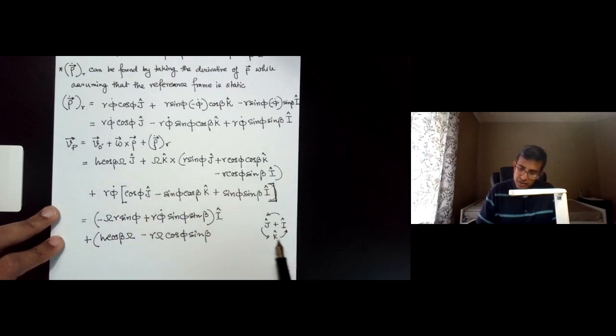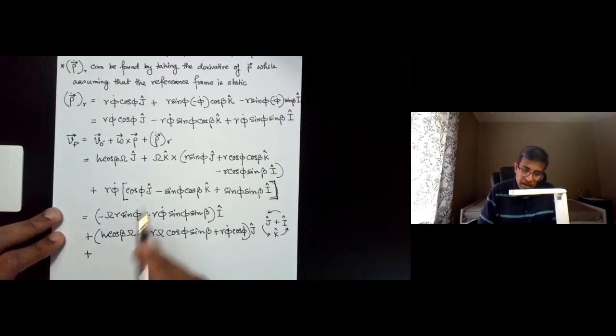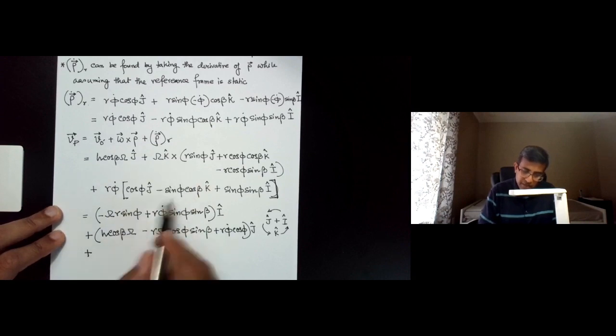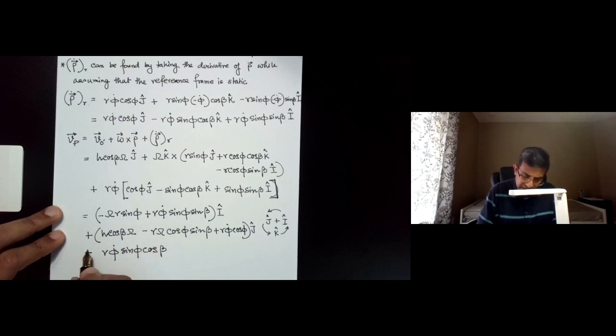However, k cross i gives me capital positive J, so then this negative sign remains, and then I will have a j term from here, so plus r phi dot cosine phi j. Okay, so that's my j term, and there is just one k term, and that is this guy: r phi dot sine phi cosine beta, and this is going to be a negative k, so I'm just going to put a negative sign here.